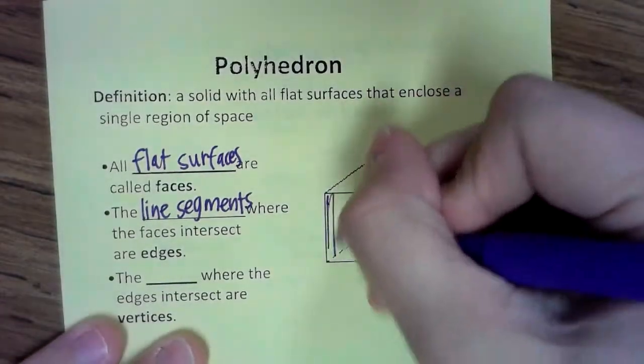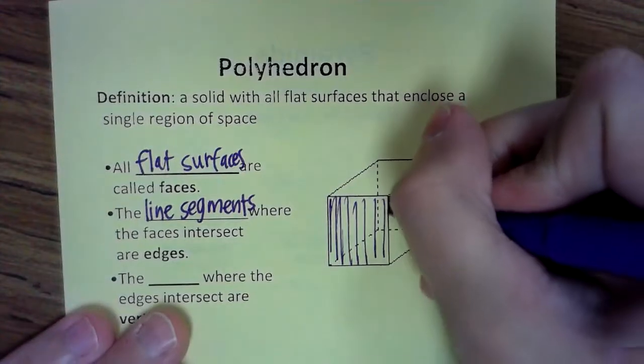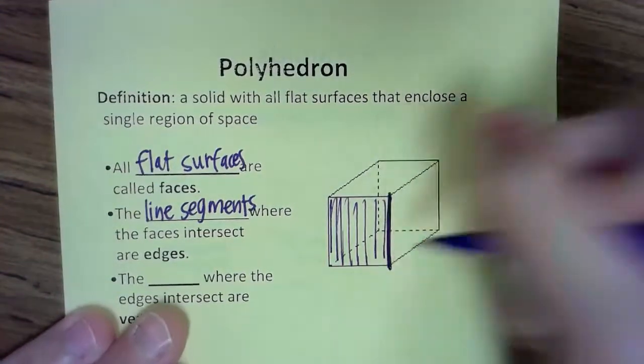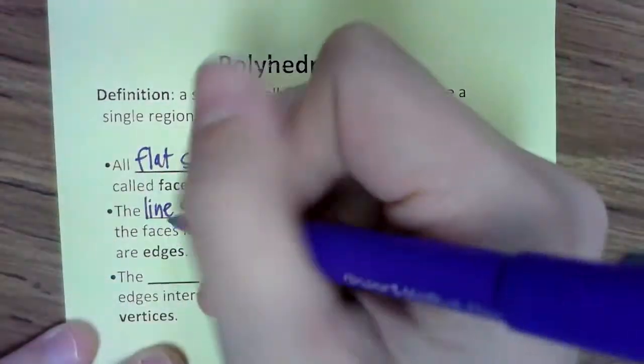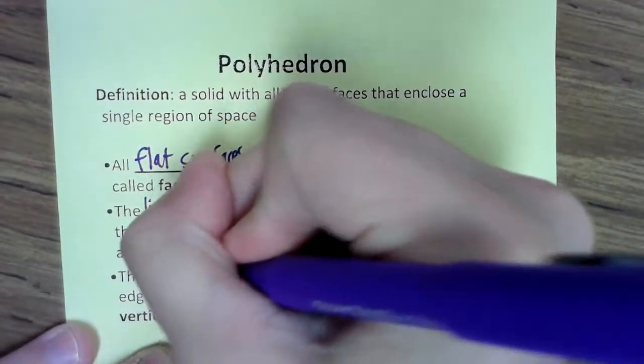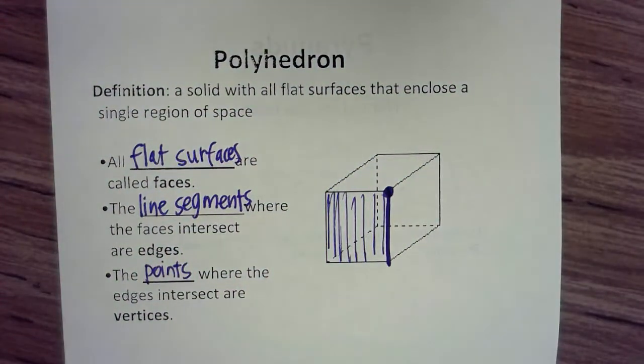So like for example, this is a flat surface. That's a face. This is an edge. That's where it meets another face. And then the points where all the edges intersect are called vertices.